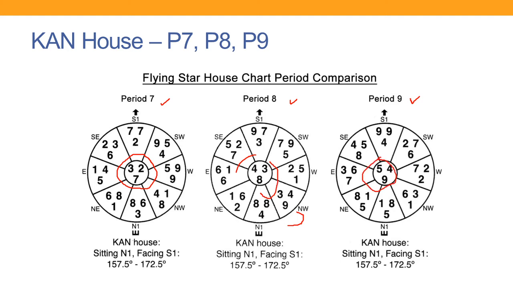I'm just trying to share with you some explanation here so that you're clear that yes, the houses might all be facing in the same direction, but based on the time frame when they were built, they will have different flying star charts, or different natal charts, or different permanent energies.